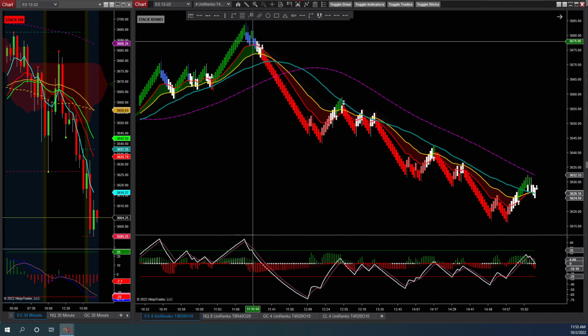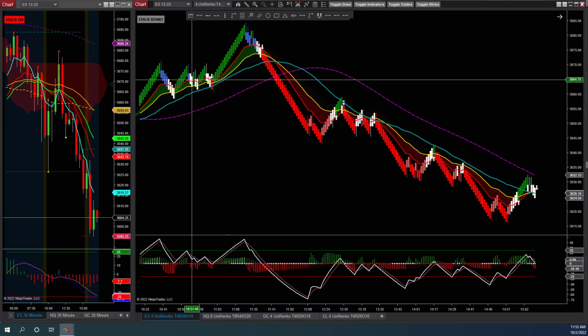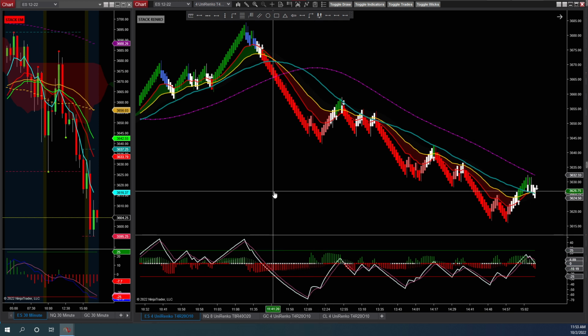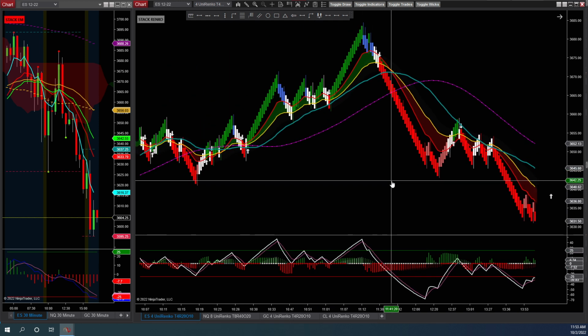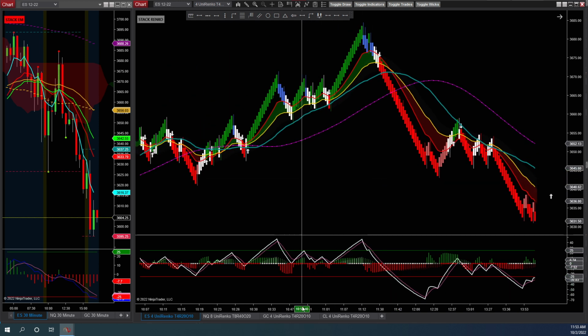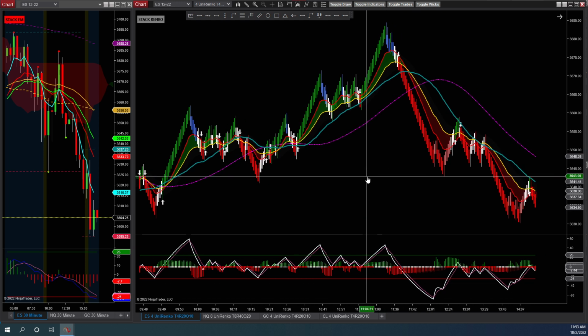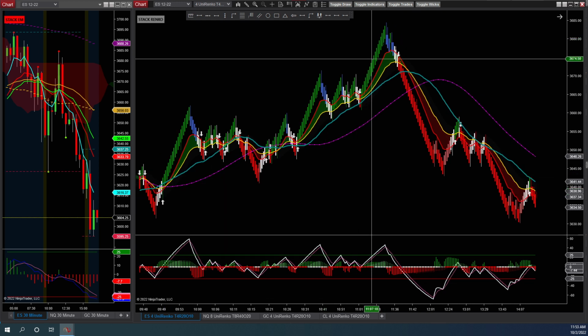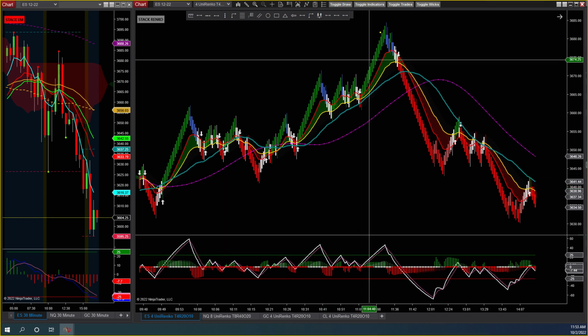So you go here, there's a move to this is Friday's action or price action. So you have clearly in here a price moving in one direction, so you're bullish.